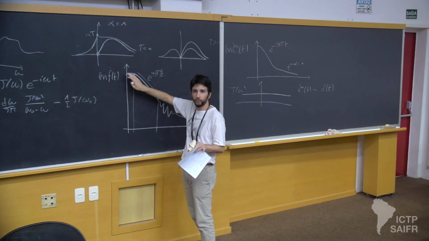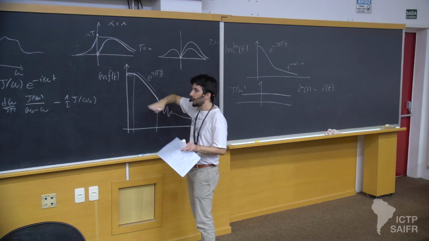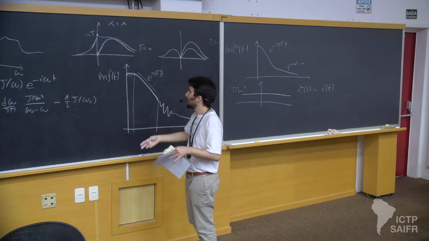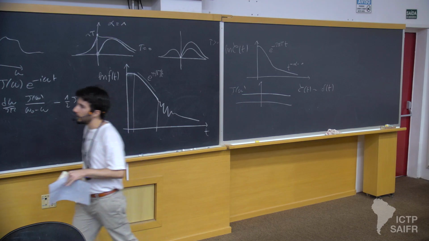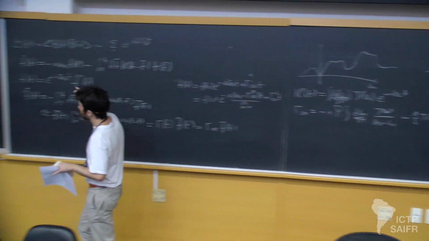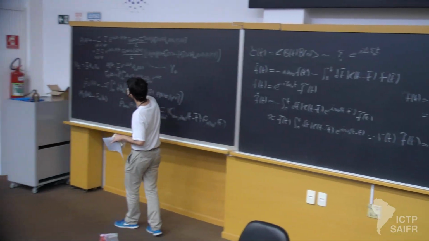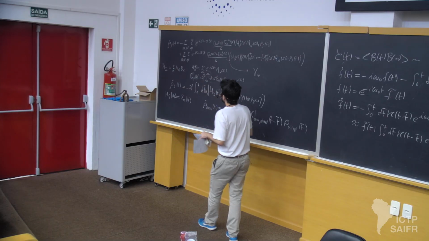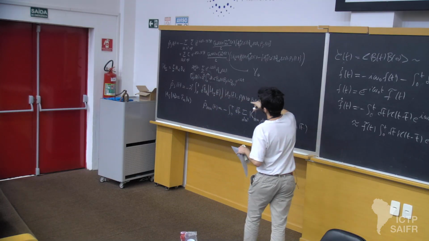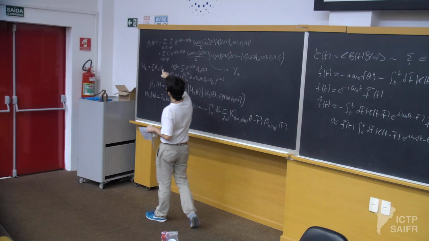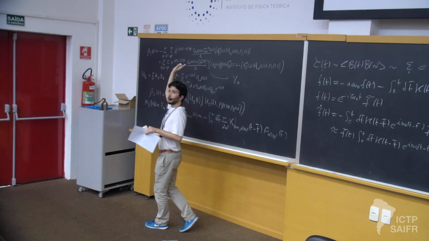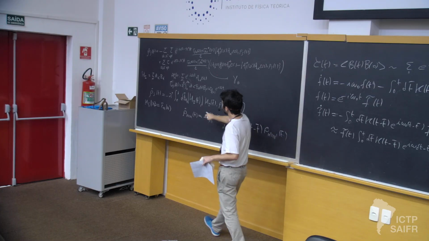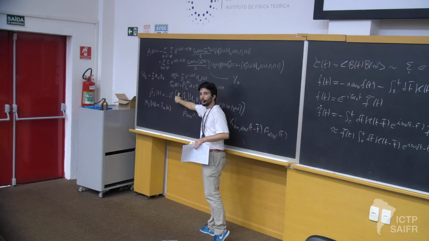And this is true also for the linear master equation. If you want to make predictions for things that occur at very early times, you need to keep the time dependence in this object. Here I put infinity, but you need to keep the time dependence. Indeed, if you take the derivative at zero time of this, you generally get a non-zero value, whereas the true dynamics, which is this one, starts at zero.